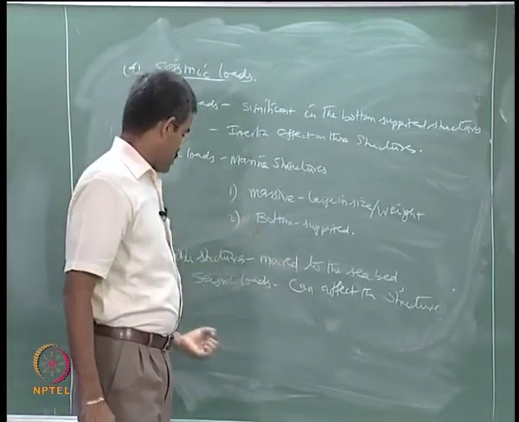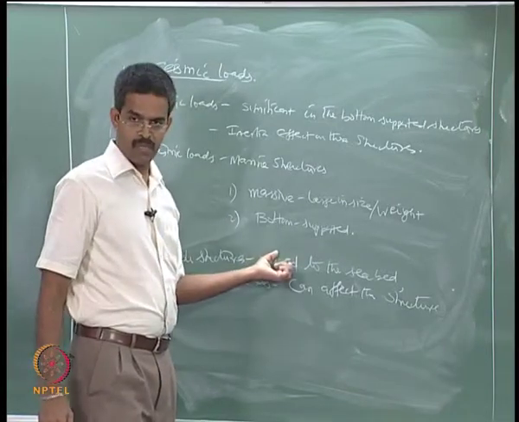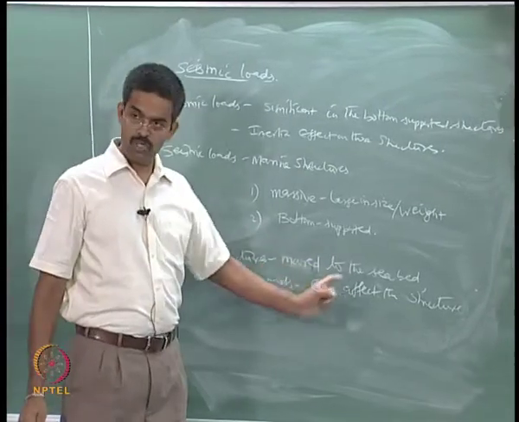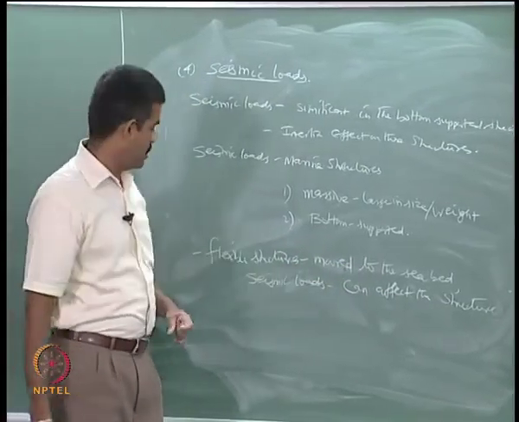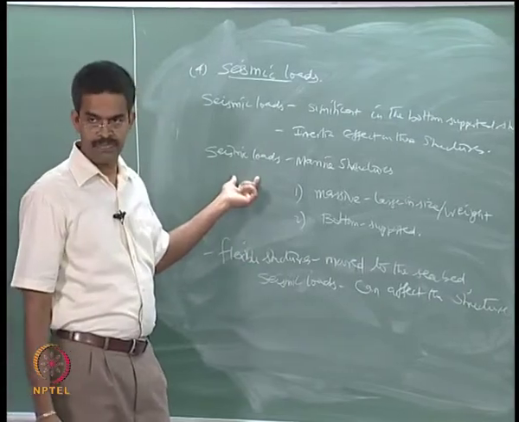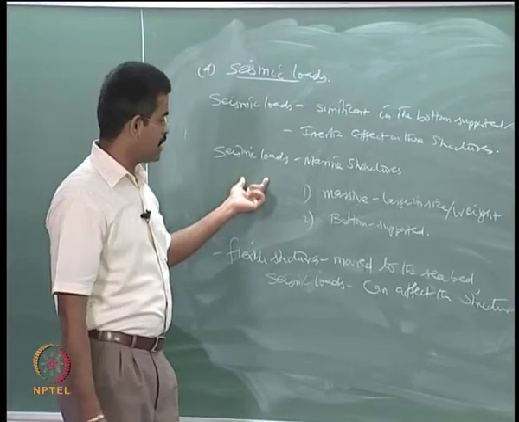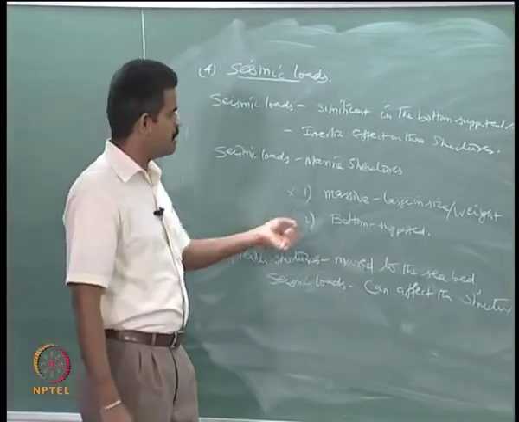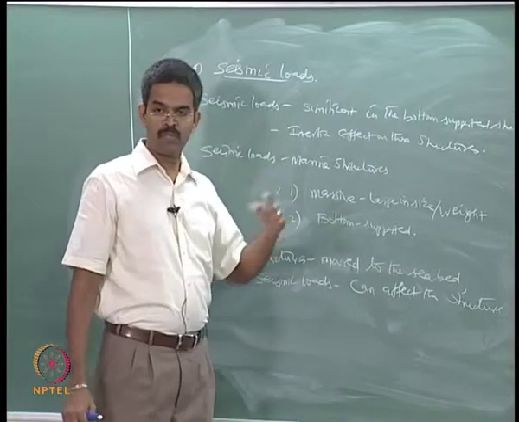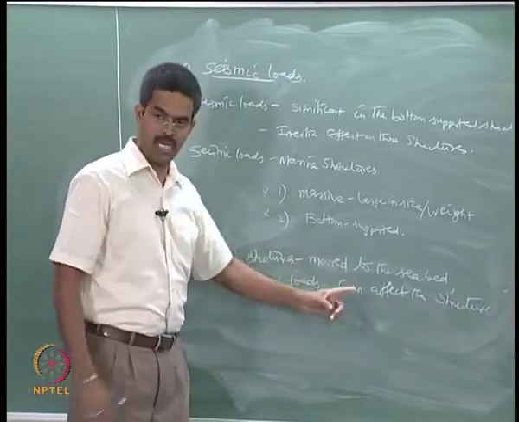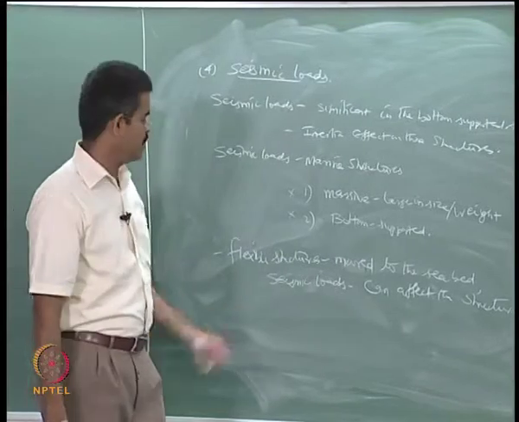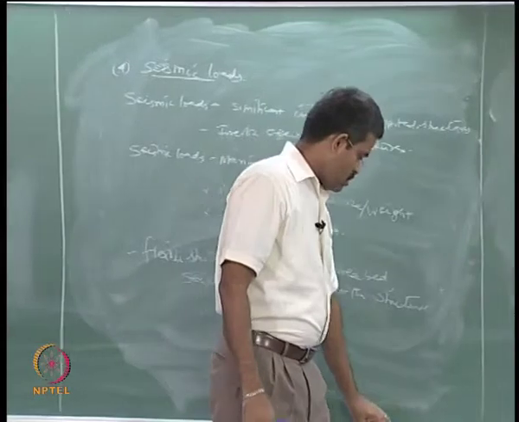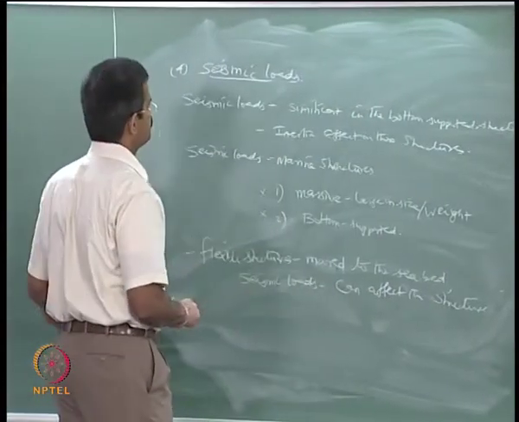If the structure is moved to the seabed, for example like a tension leg platform, still those structures can be excited seriously by seismic loads, because we understand that both the conditions are violated in the case of a flexible structure. They are neither massive nor bottom supported. Even then these structures can be excited very significantly by seismic loads. We will discuss it after a few minutes in this lecture.